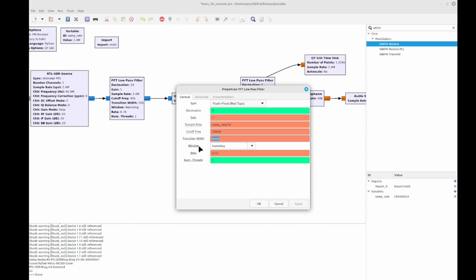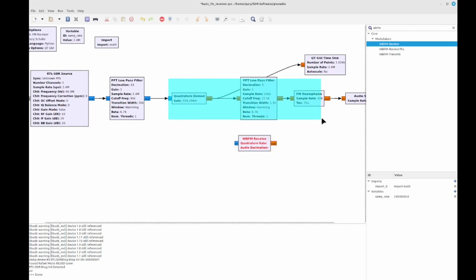So 48 kilohertz divided by 32 is 1500. That's my transition width. The other thing that it does is it takes half of my audio rate, which is 24 kilohertz, and then subtracts the transition width. So 24 kilohertz minus 1500 is 22,500.